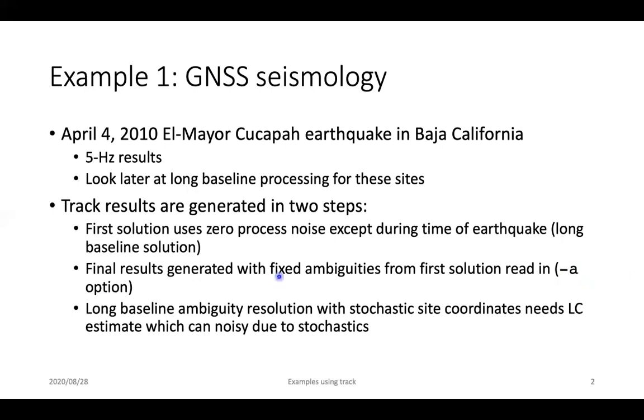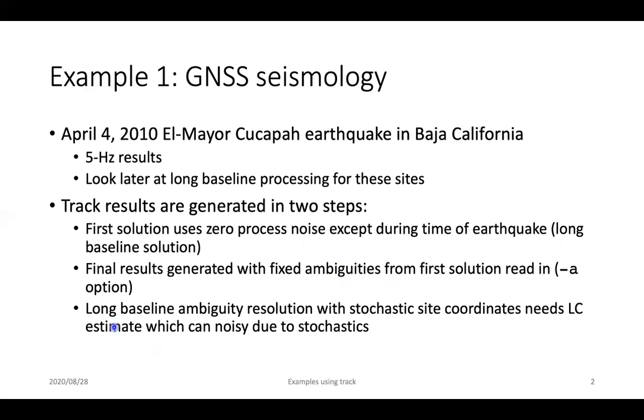Once we have some of the ambiguities fixed, we can allow process noise so that the sites actually show us what level of noise they have in the phase and pseudo range, and also allow the sites to move freely during the earthquake. But with the ambiguities fixed, it strengthens our solution over time. And in order to help with that process, we run a first solution where we keep the sites as static as possible.